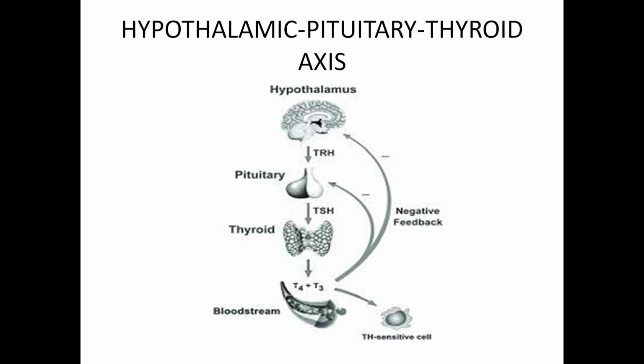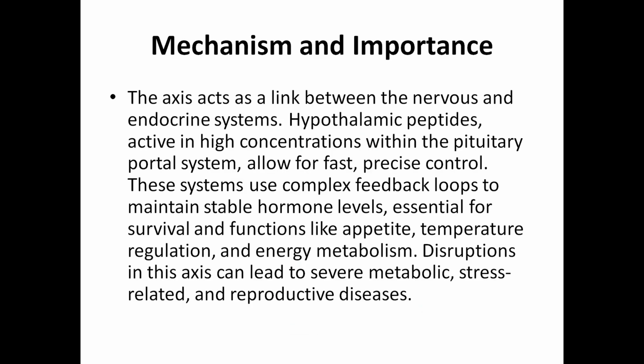Okay, now how does this mechanism happen and what is the importance of this axis? You can see the axis acts as a link between the nervous system and the endocrine system. As we discussed, the hypothalamus sends a signal to the pituitary gland, then the pituitary gland sends a signal to the endocrine gland. So this is a link between the nervous system and the endocrine system.